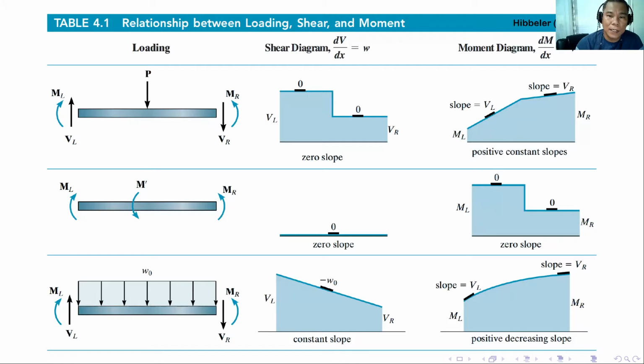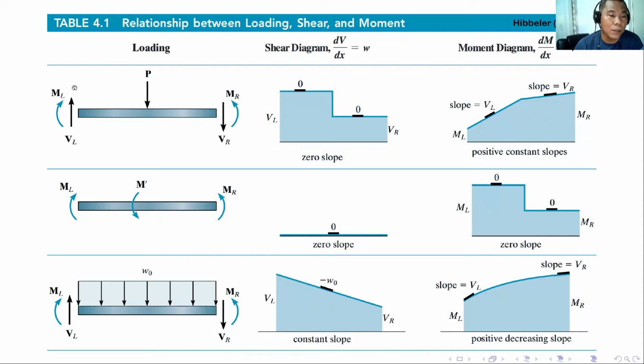If you draw the shear diagram, the change in shear is simply equal to the distributed loading W. But since we don't have a distributed W, we only concentrate on the concentrated load. So there is a sudden change in load. We have the shear VL, so there will be a jump because this is upward, so it should be positive. You can see VL jumps upward.